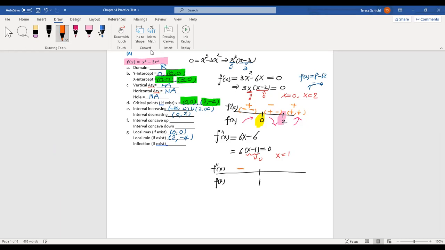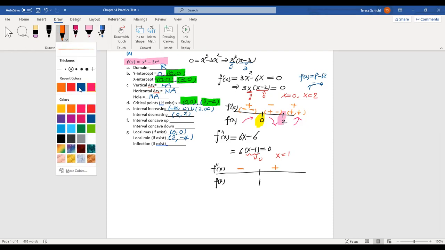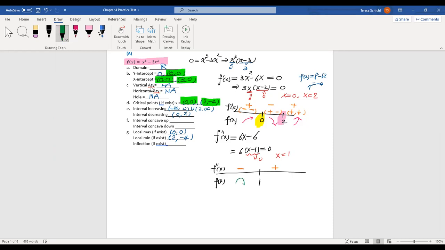For anything greater than 1, this is positive, right? Okay, after that, let's see what happens to my concavity. Where the second derivative is negative, I'm going to have concave down. And where it is positive, I have concave up here, right?